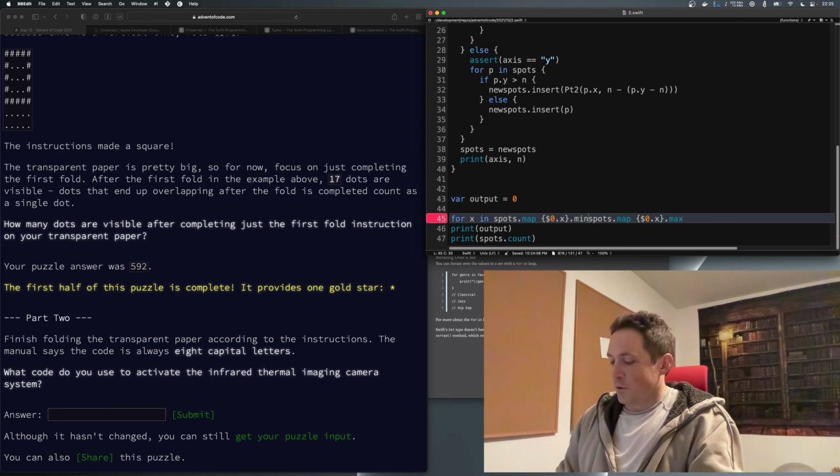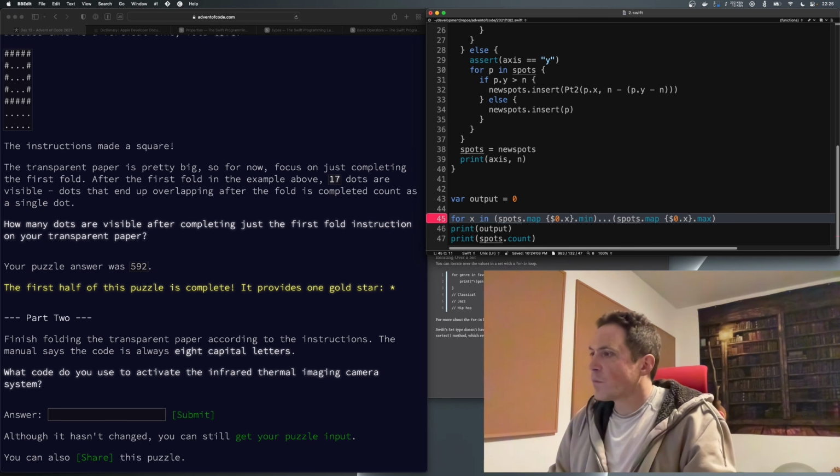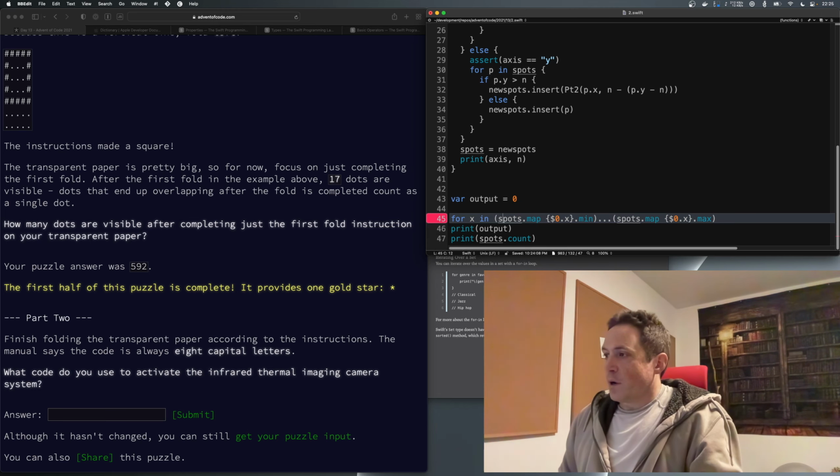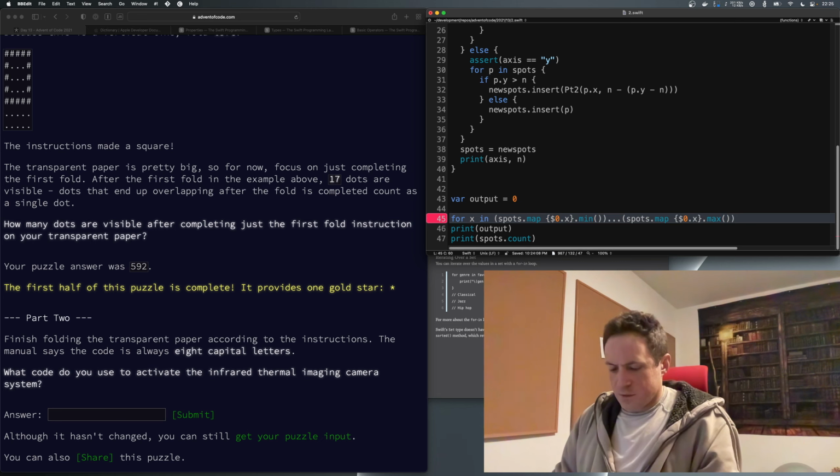Min. So what are we doing? And min and max are functions, not computed properties, right? Because they're going to be linear?